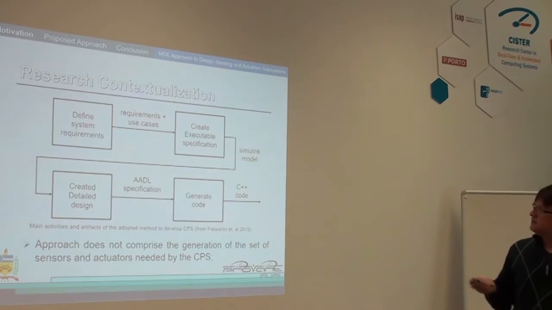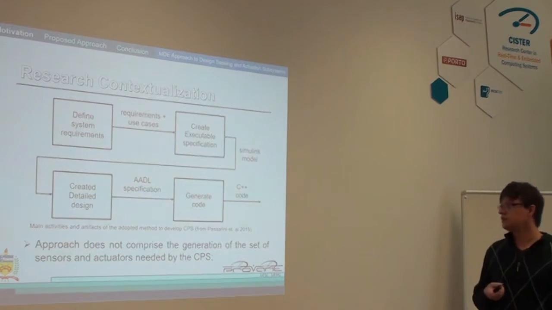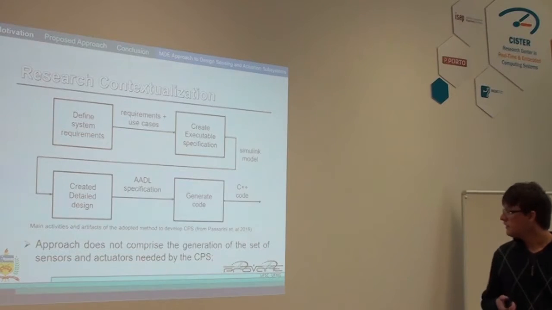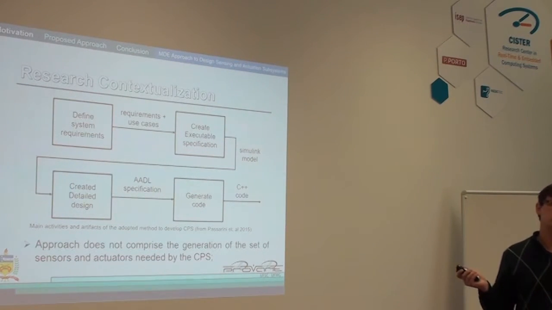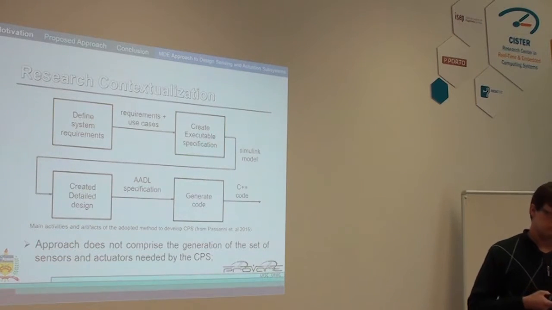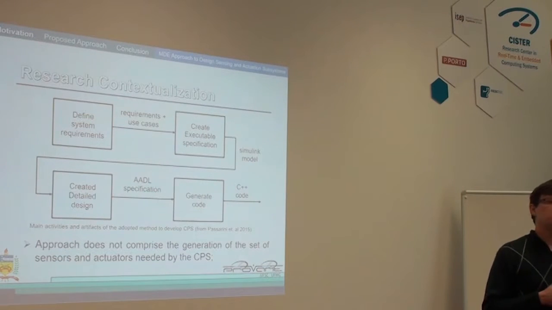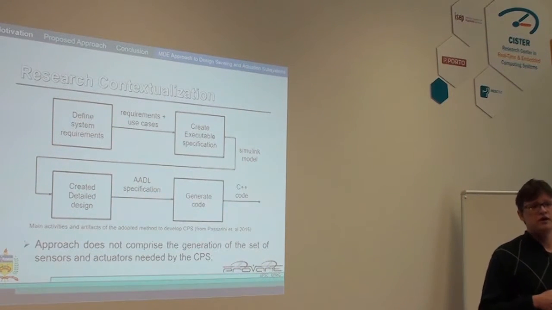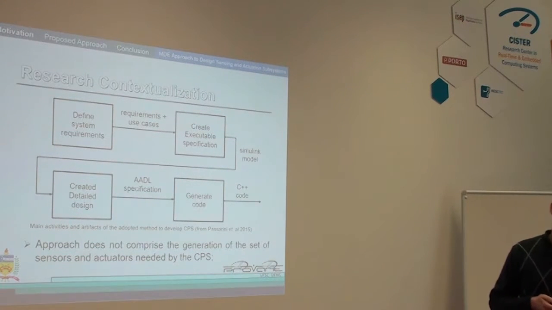But this approach does not comprise the generation of a set of sensors and actuators. In this approach, she assumes that this can be designed in the future by the engineers and not during the transformation process.